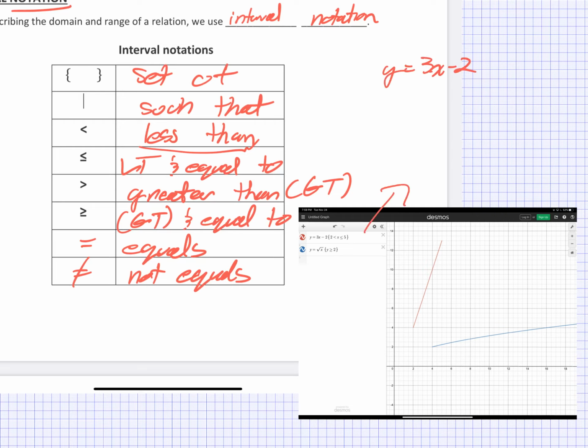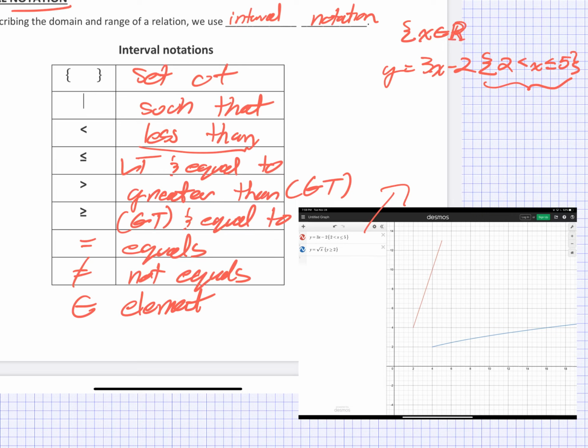When we would write it, many times what your teacher may ask you to do is to say that x is the element. This means element. X is the element of, and technically this is a very funny symbol to draw. This R here represents all real numbers. And for our purposes, I'm not very good at drawing that.